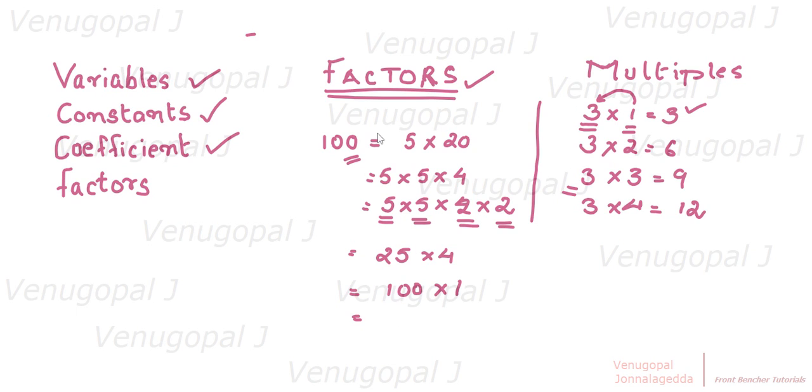See how in different ways you can divide 100, or get multiples of a number to get 100. So this is what factors are: the numbers which, multiplied together, give you the number. Those are the factors. These are all factors.